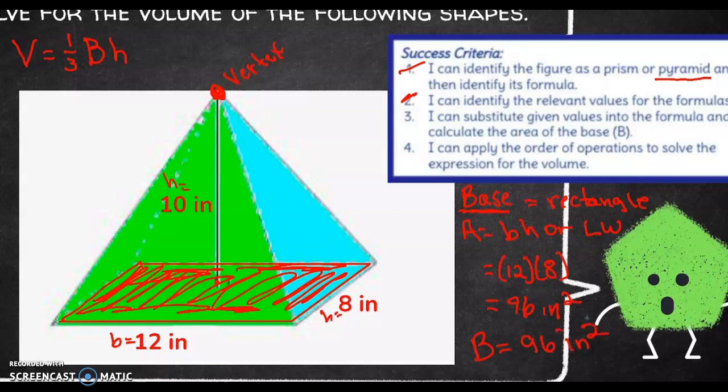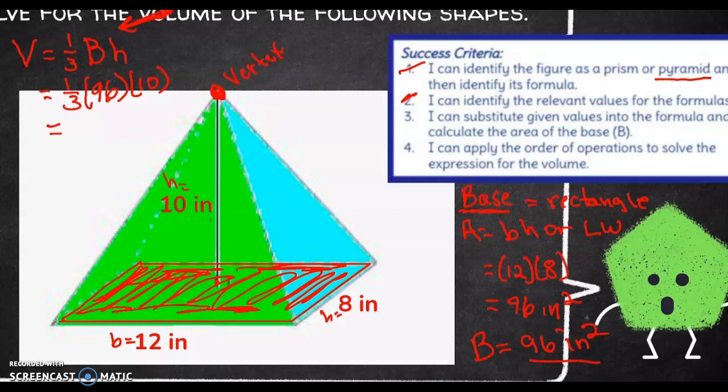And so now that I've solved the base, I've got to look back at the original formula, which is right up here, and substitute the values that I have now. I know that I keep the 1/3. My capital B is 96. And the height is 10 inches.